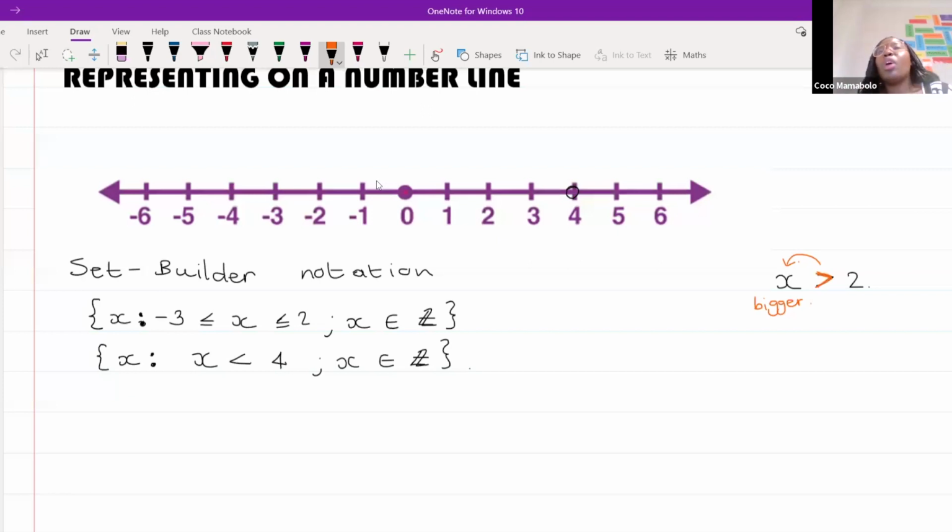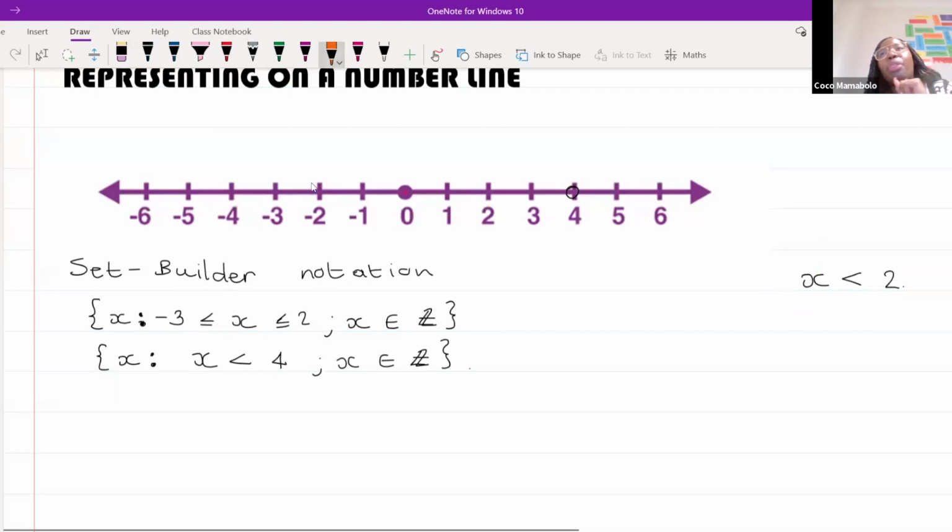77. Good. So if it opens up this way, we know that wherever 2 is, my x, or the way I draw my dots, needs to be the numbers bigger than 2. So if I do it the other way around, x is then less than 2.